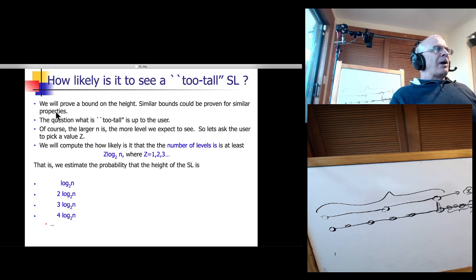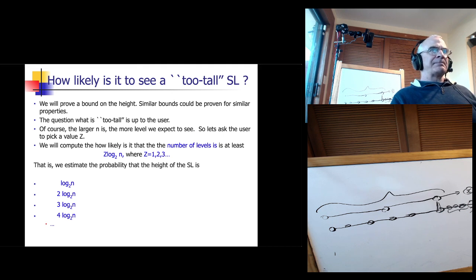How high is a skip list? Well, remember, each element picks the level that it wants to participate in, and I'm just looking for the tallest element, and that's the height of the skip list. Now, I can limit the number of levels in the code where I pick k.